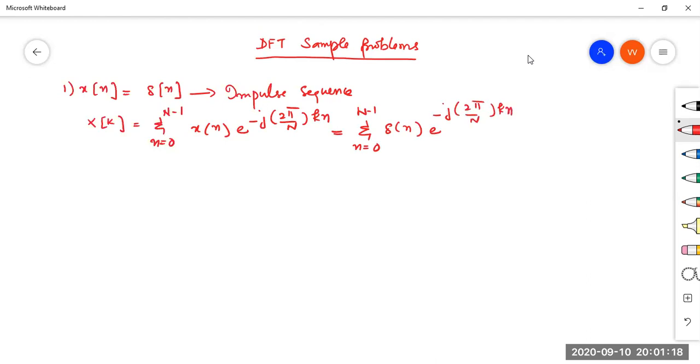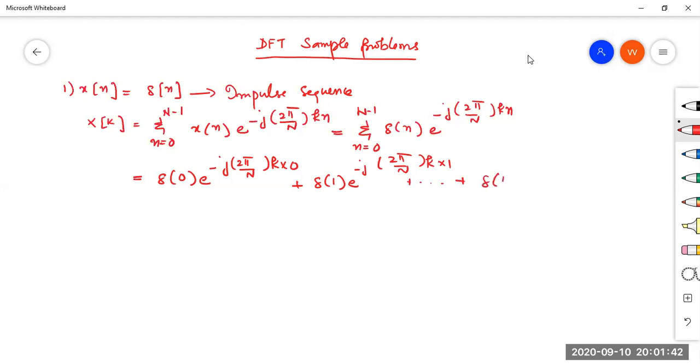Now n is not known in this equation, so you can write del of 0 e raised to minus j 2 pi by N k into 0, plus del of 1 e raised to minus j 2 pi by N k into 1, plus etc., plus del of N minus 1 e raised to minus j 2 pi divided by N k into N minus 1.